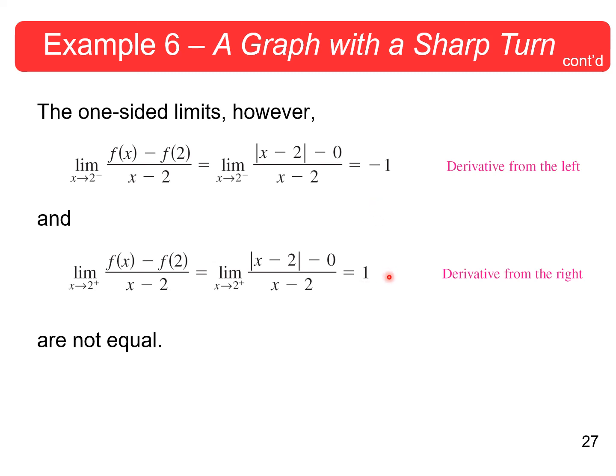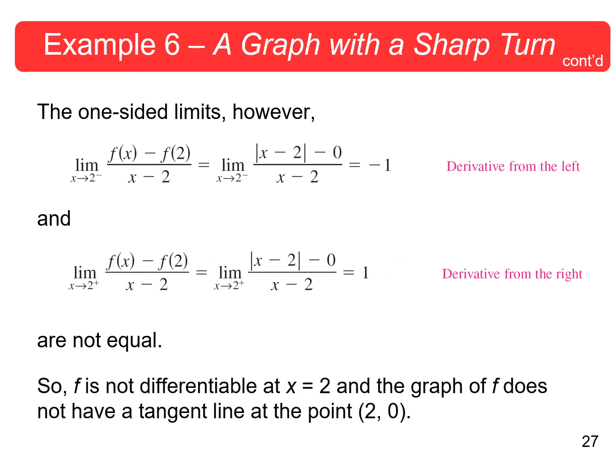As you see here, the derivative from the left is not the same as the derivative from the right. So f is not differentiable at x equals 2, and the graph of f does not have a tangent line at the point (2, 0). So this is an example of a function which is continuous at a point, but not differentiable at that point.